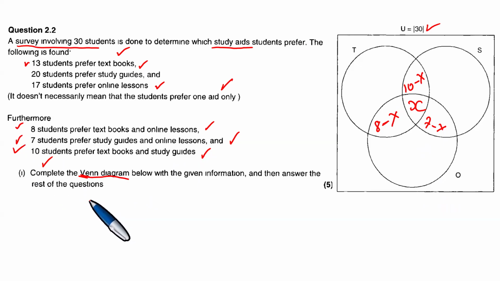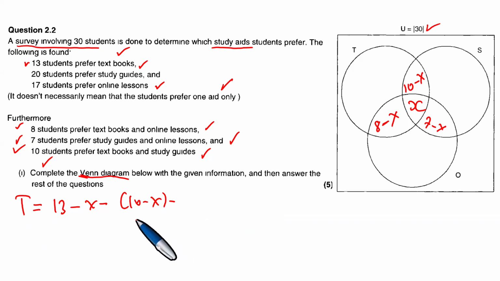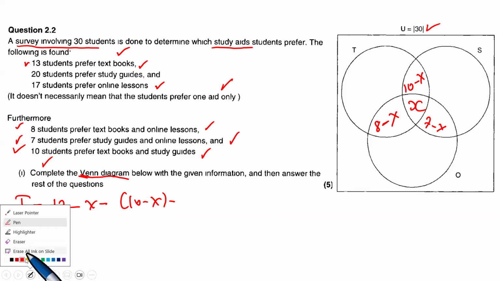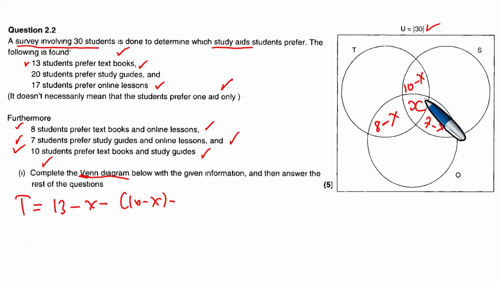So the textbooks would be 13 minus X, minus 10 minus X. We then subtract from the 13: we subtract X, we subtract 10 minus X, but we also subtract 8 minus X.